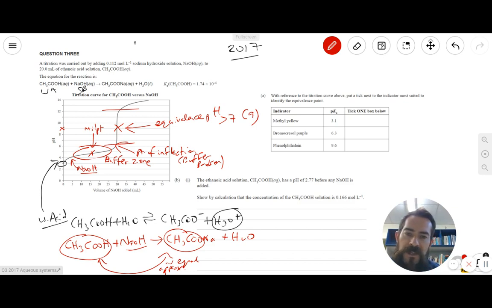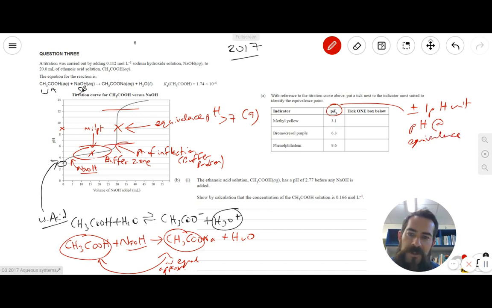And this is important if we are choosing the correct indicator, because the rule of thumb with choosing the correct indicator to detect the equivalence pH is that the indicator's pKa must be plus or minus 1 pH unit above or below the pH at equivalence.